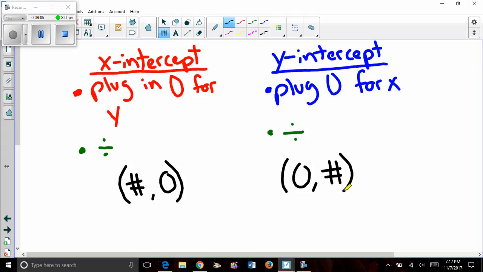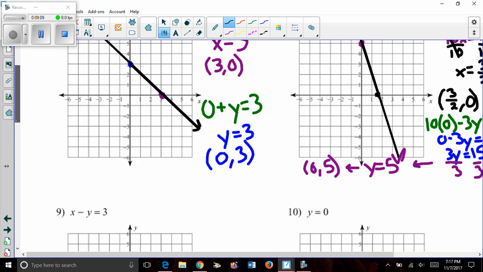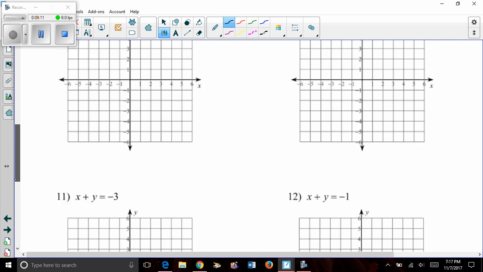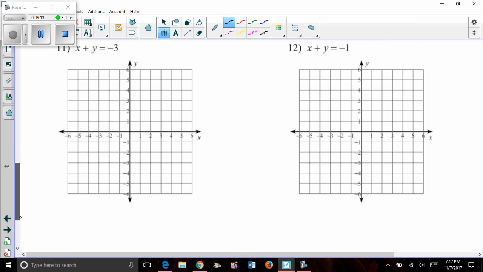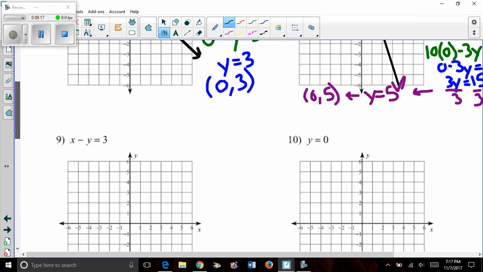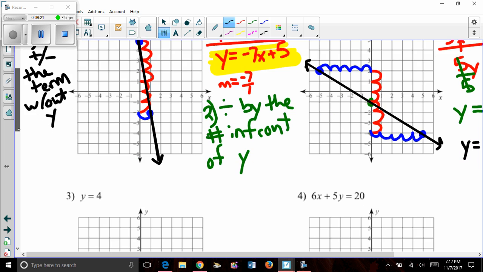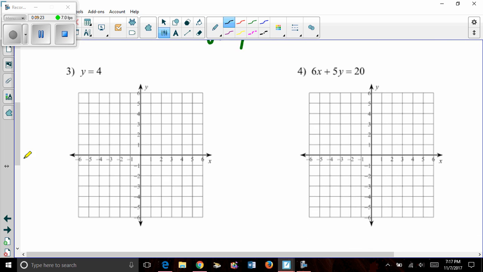So I'm going to go backwards 1 page, and let's pick out... I don't see any good ones on this page. Let's go to this page and take a look at number 4.